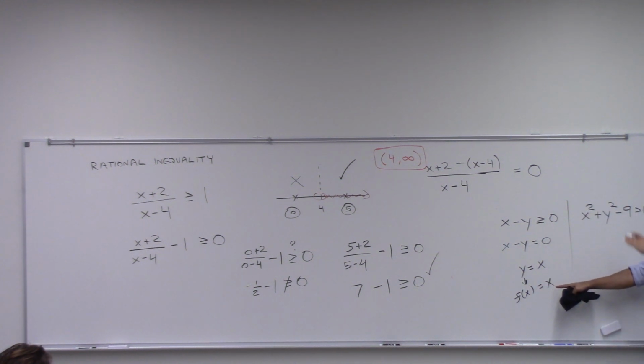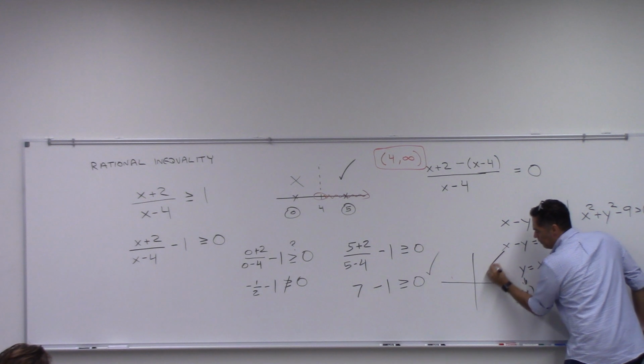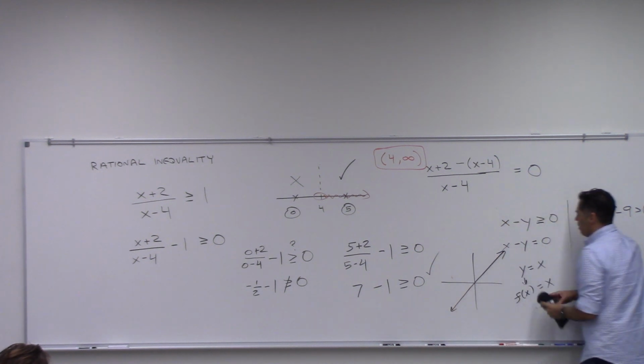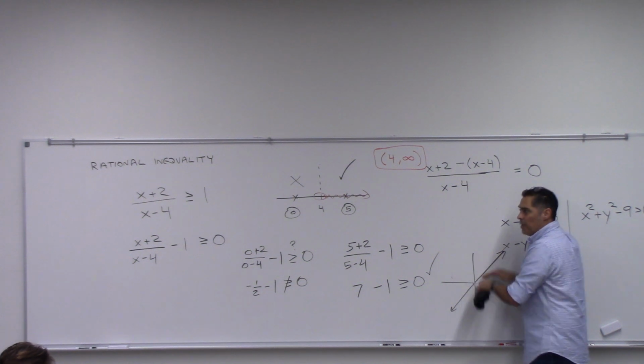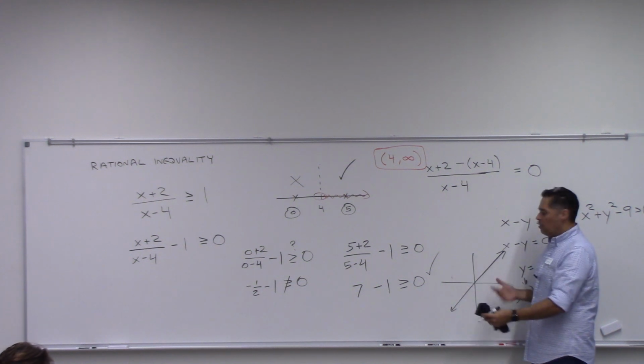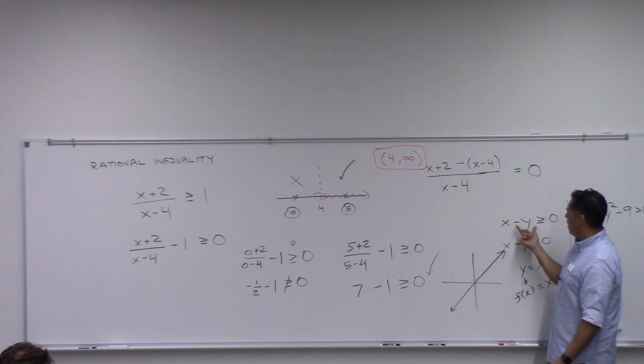It's the diagonal line, right? So what we have here is the diagonal line. And to do the inequality, it's either everything above this line or everything below this line. And so what you do is you pick a test point, a literal point in space, and you plug it in here and you see if it works.